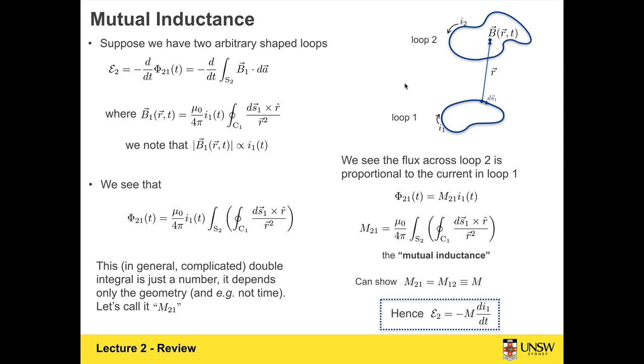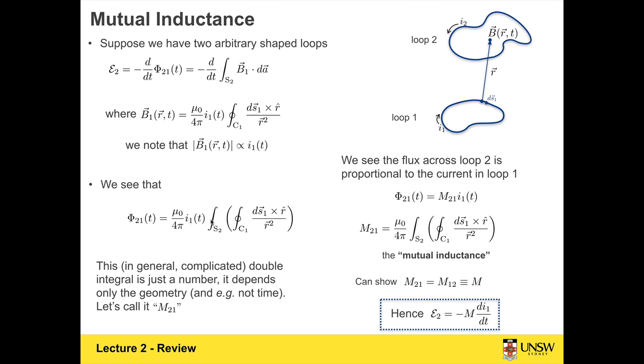And in general, I wrote this down when I taught 1B, that the flux in loop 2 due to a current in loop 1 is some rather complicated double integral. We didn't do this in Physics 1B because it's actually complicated, but we could say that it's just this constant of proportionality, this integral.